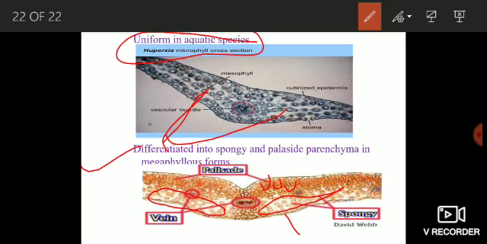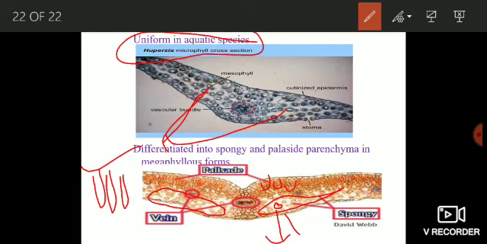What is in palisade parenchyma? In palisade parenchyma you have elongated cells, and these cells are directed towards the upper epidermis, and the spongy parenchyma is located towards the lower epidermis.